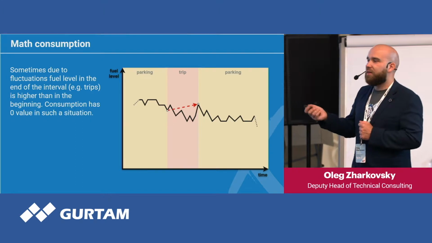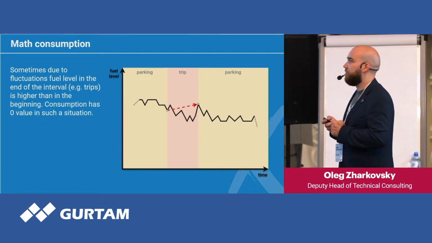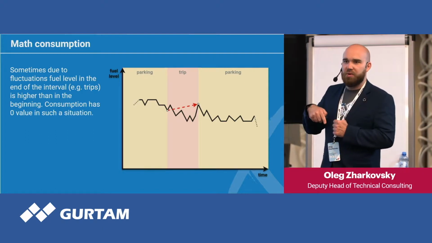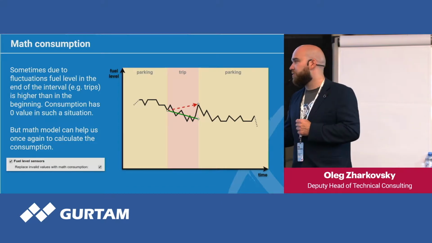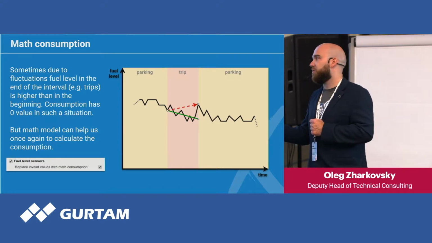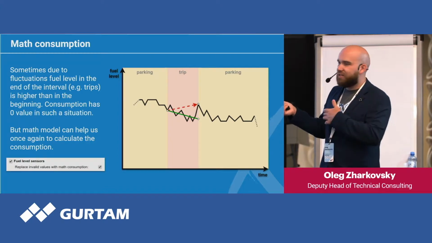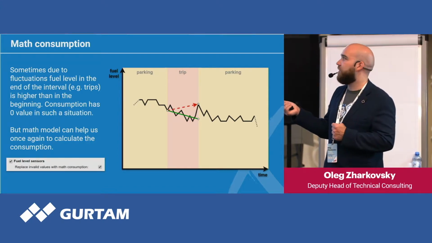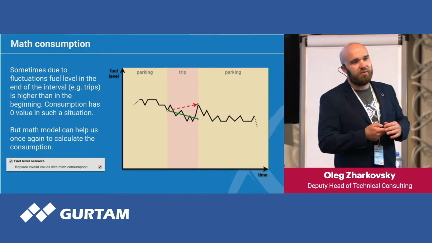In that case, you'll see a zero value in the report, zero consumption. But if you've got the mathematical model, then you can activate the option replace invalid values with mass consumption. The system will calculate the expected consumption on this time interval, and it will be added to the report. So here is the alternative.